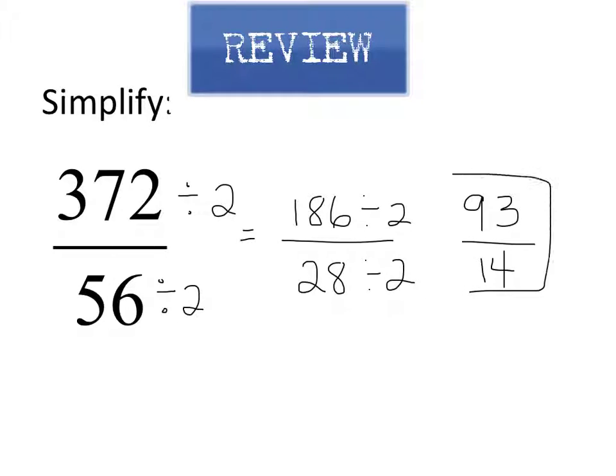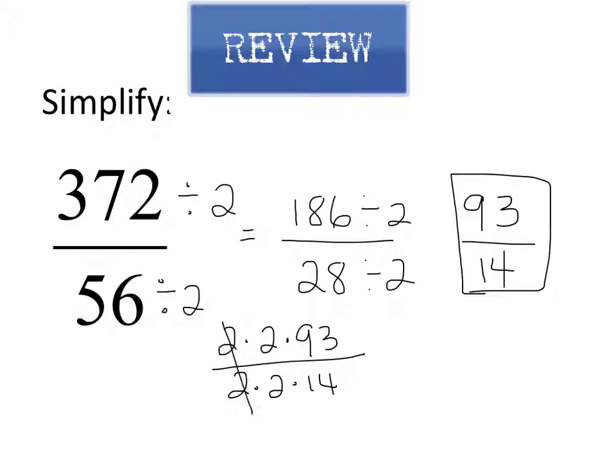So they don't have anything in common, so that's reduced. Another way we could look at this is 2 times 93 is what 372 looks like, 2 times 14, and we cancel out what factors they have in common. So we get 93 over 14, which is kind of similar to how we do this with polynomials.